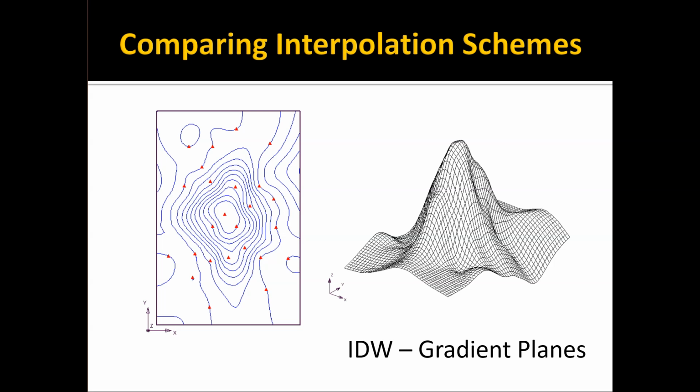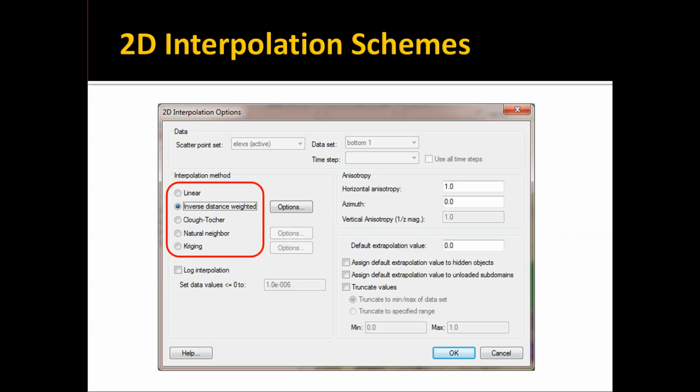However, there is an option back in the interpolation options here to truncate values, truncate to a specified range. So what you can do is say, if you have any value below 0, just truncate it to 0. So you can give it a max and a min.